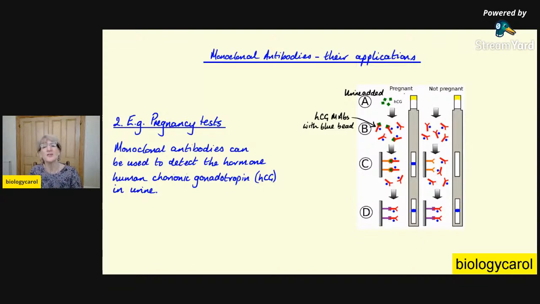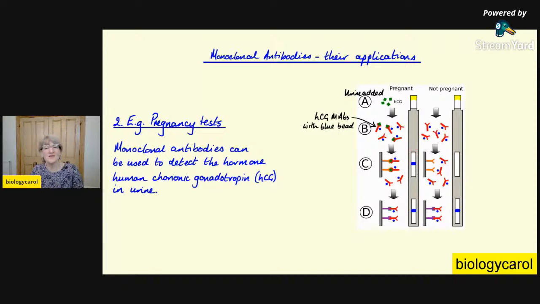What I should say is, when the pregnancy test is dipped in the urine, the urine then passes up the absorbent stick that passes through the length of the pregnancy test. And therefore, these monoclonal antibodies specific to the hormone and with a blue bead attached move with the urine up the pregnancy test.